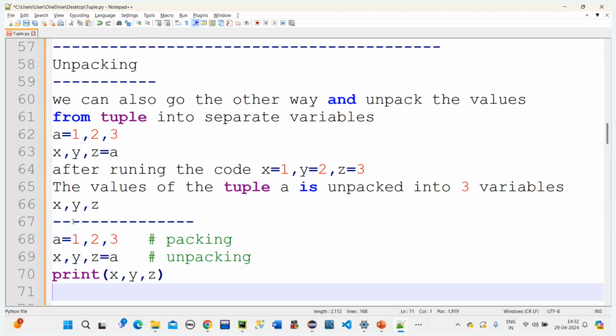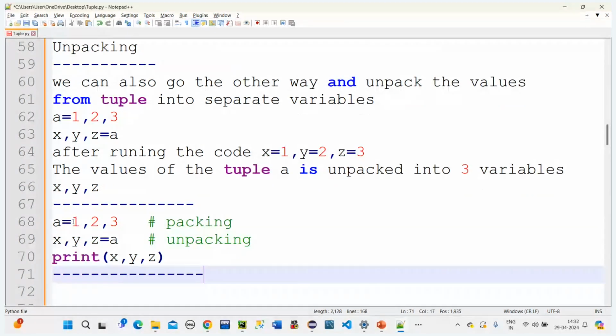But here we have a note point. The note point is important here.